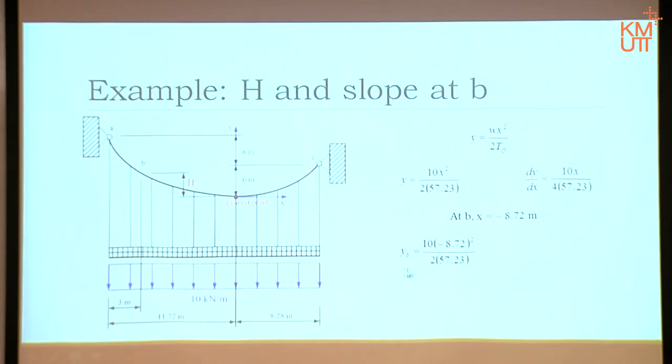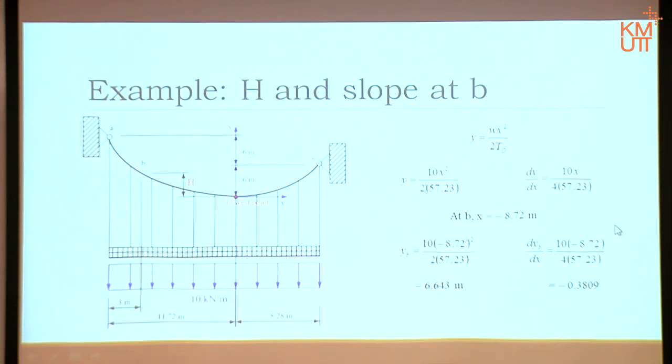Just plug into the calculator, the value of YB comes out 6 something. Don't forget how we measure Y. Y is measured from the origin vertically up to the point we are measuring. So in fact, that YB is the same value as H.